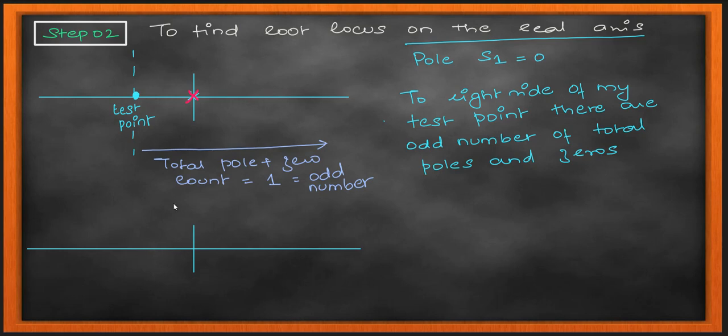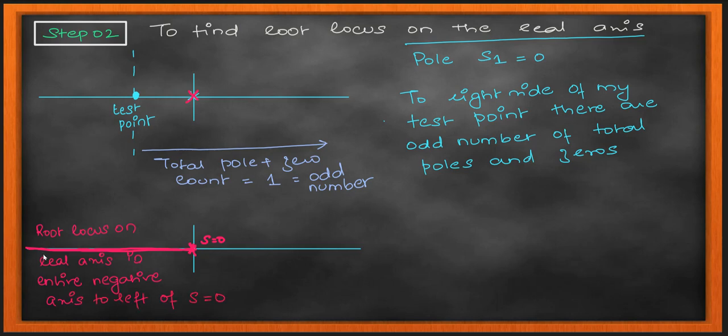So the root locus on the real axis exists if you have an odd number of poles and zeros to the right. If I take that test point to any place to the left side up to infinity, I'm still going to get an odd number of poles and zeros on the right side. So I can say that my root locus is the entire x-axis from S1 equal to 0 till minus infinity.